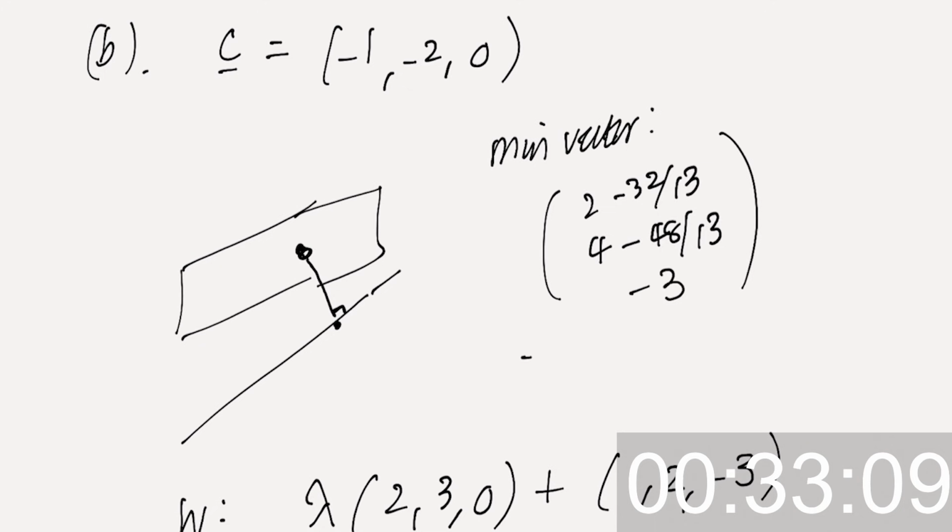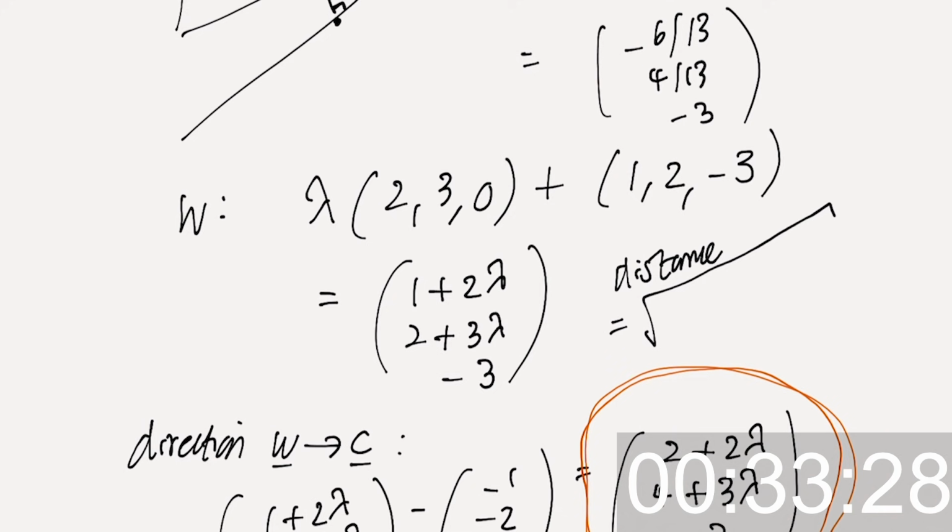So that's going to be minus 6 over 13, 4 over 13, minus 3. And so the distance, here are those entries squared. So the distance is the square root of 36 over 169 plus 16 over 169, and then plus a total of 9.